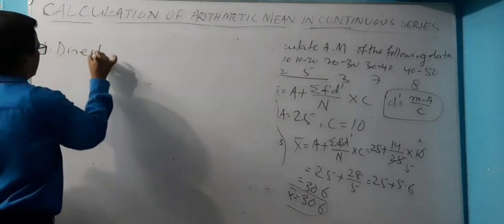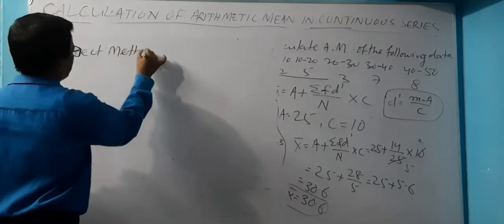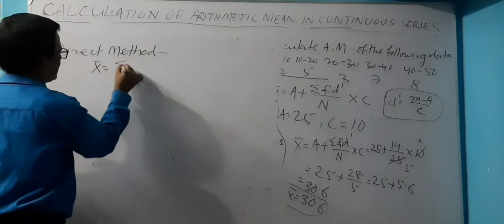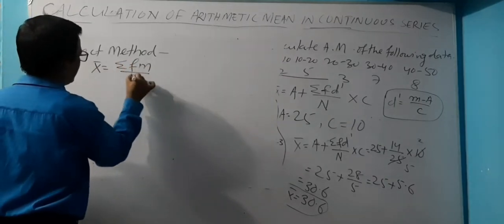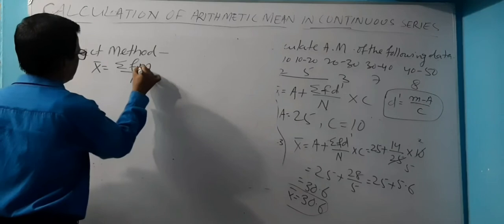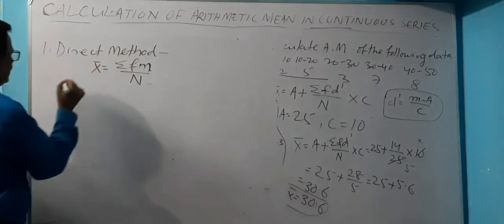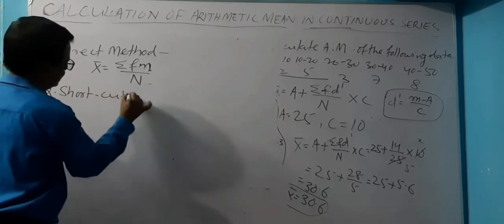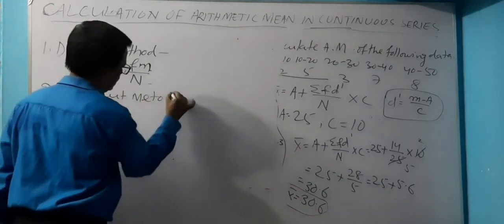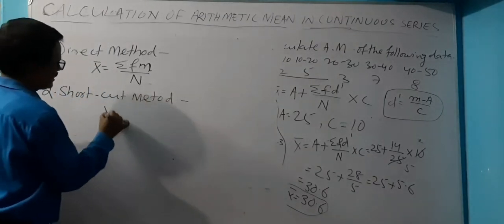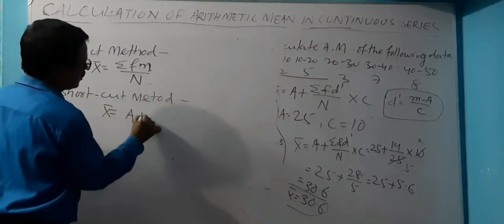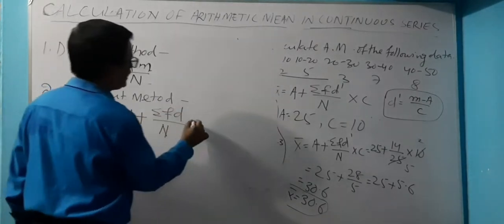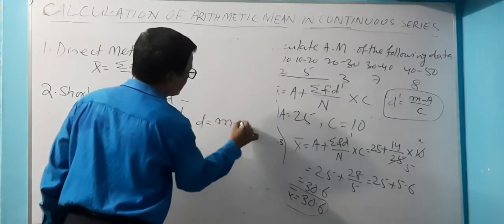Number one is direct method. In direct method, we can calculate arithmetic mean of continuous series by using the formula x bar is equal to summation fm by n. Right? In shortcut method, the formula is x bar is equal to a plus summation fd by n, where d is equal to m minus a, not x minus a.